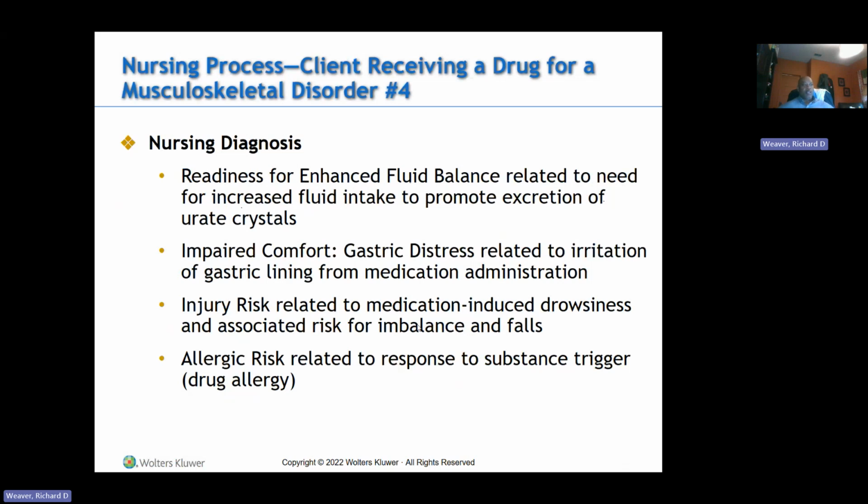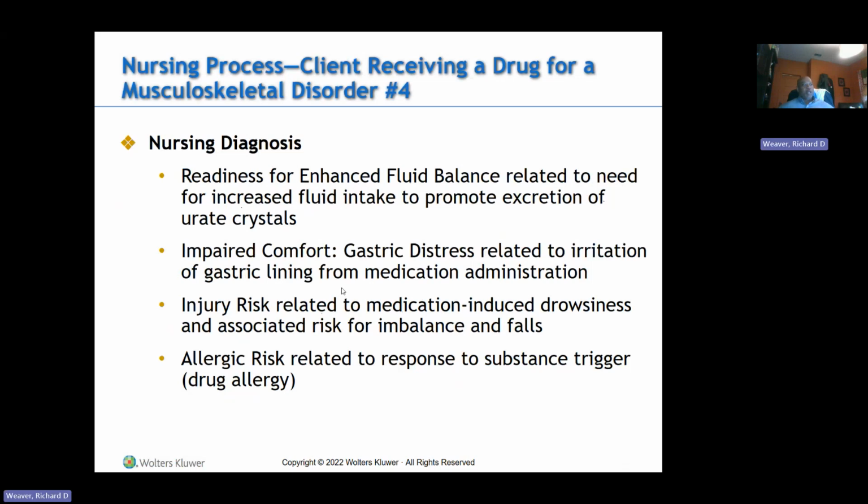Otherwise, it'll cause irritation and ulcers and what have you to the esophageal tissue. Injury, as well as risk related to response to substance, triggering a drug allergy. So these are all appropriate.